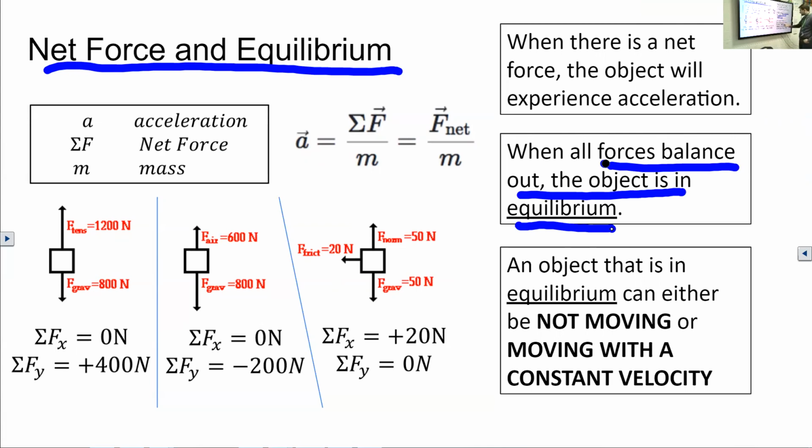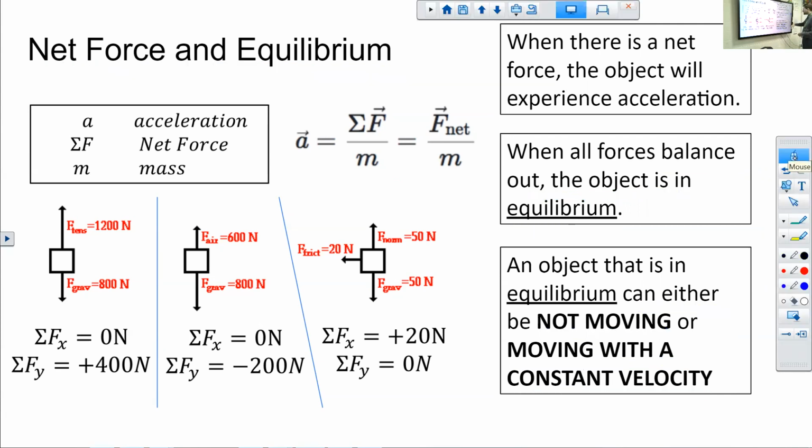So an object that is in equilibrium can either be not moving or moving with a constant velocity. The only thing is they can't be accelerating. That's the key idea. So they'll ask you questions about whether or not it's in dynamic equilibrium. That just basically means, do all of the forces add to 0? If they don't, it's accelerating, it's not in equilibrium.